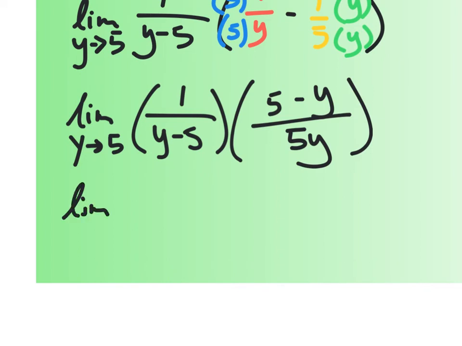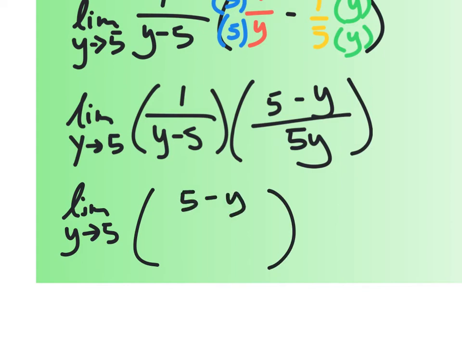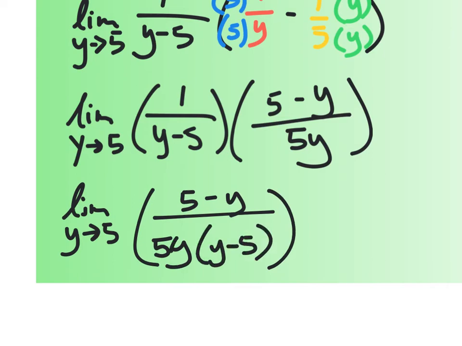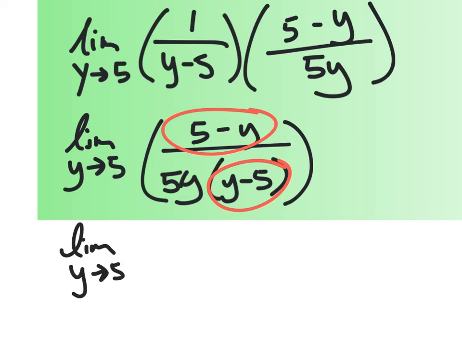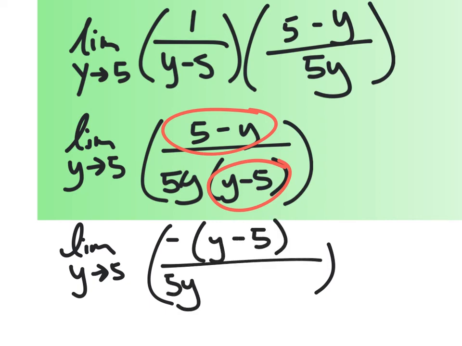Okay, so let me compress this a tiny bit. I'm going to squeeze these both into 1. So this would be 5 minus y over 5y times y minus 5. I just multiplied. These two right here are really, really close to the same. So let's do a quick adaptation. You might notice that if you took a negative 1 out of the top one, it would change that to be equal to the bottom.